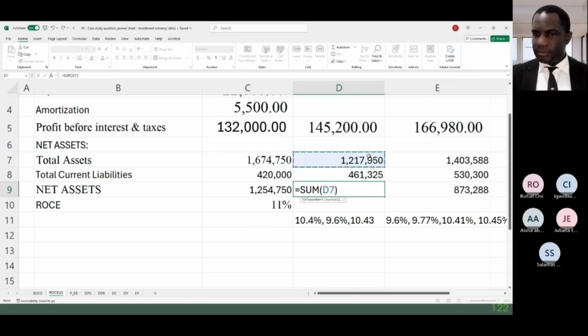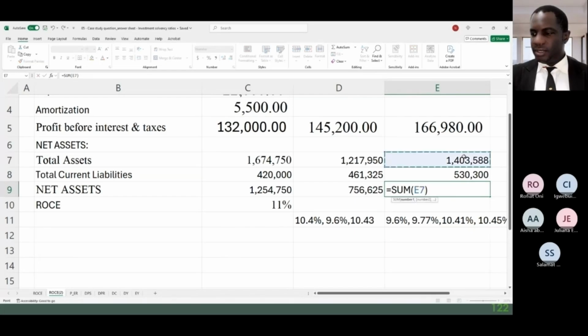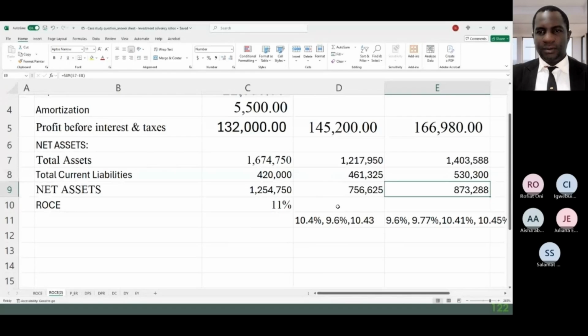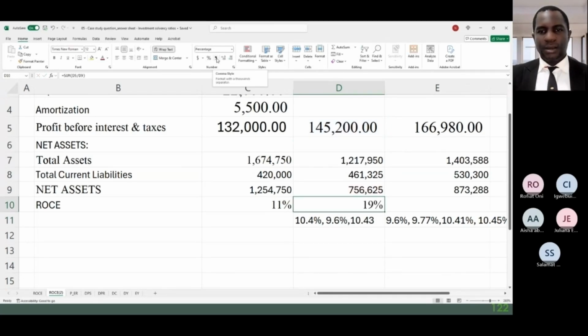Let's do it manually. 756, okay? 1403 minus 530. Okay. So we now have profit before interest and tax divided by our net assets. How come I'm having 19%?